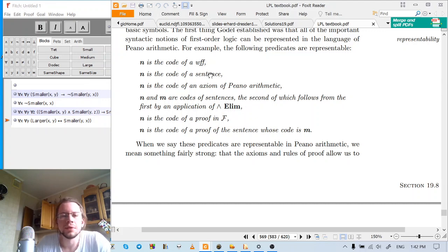Once again, we can prove this sentence only if it is true. And this is actually quite an assertion.